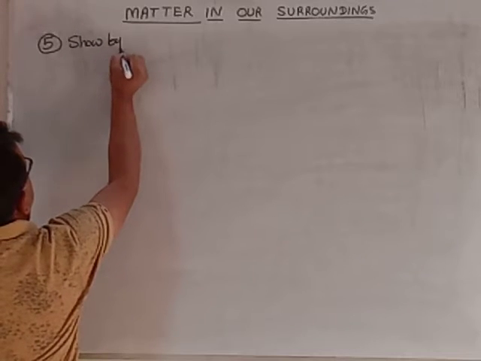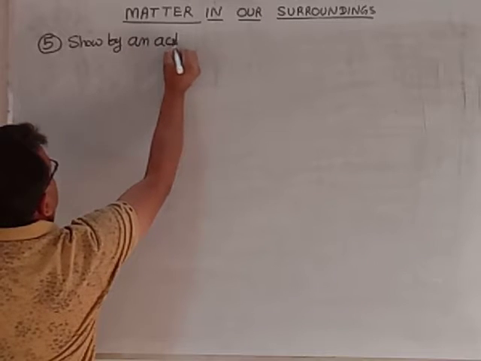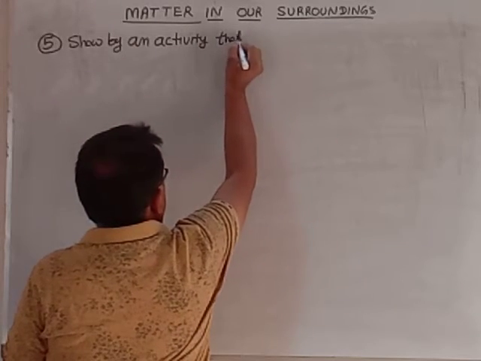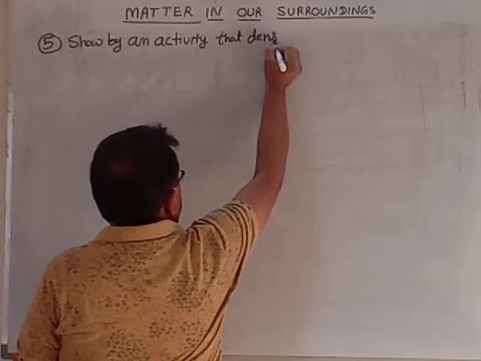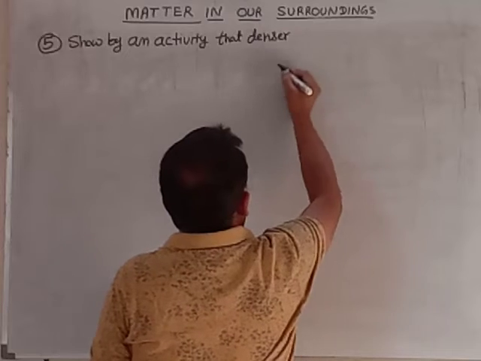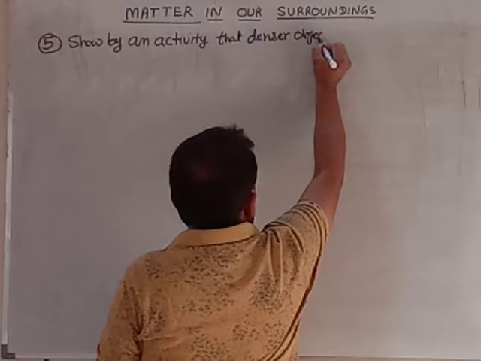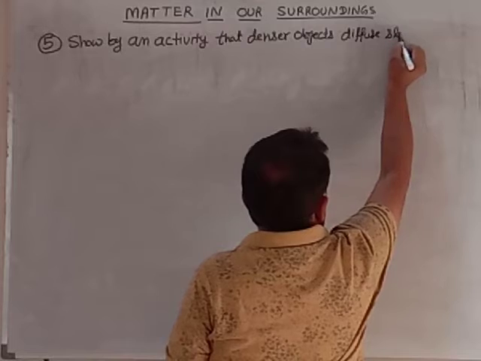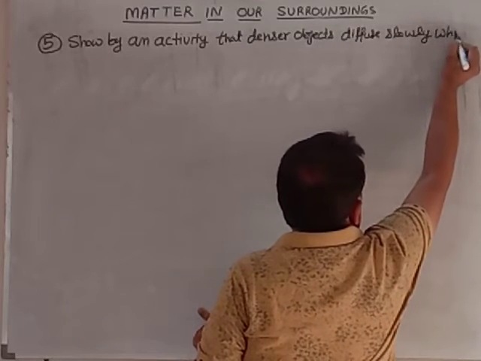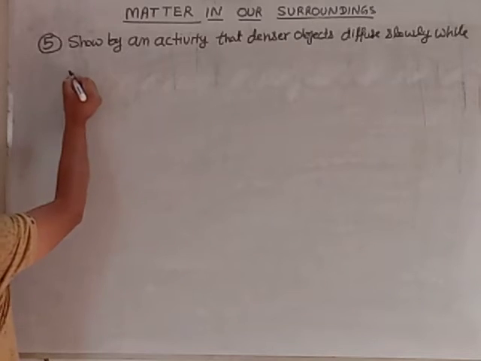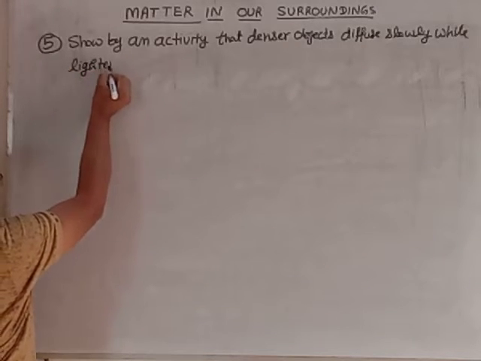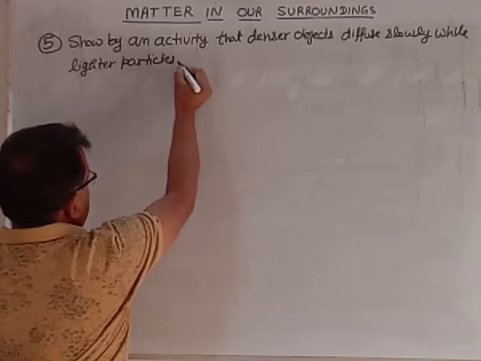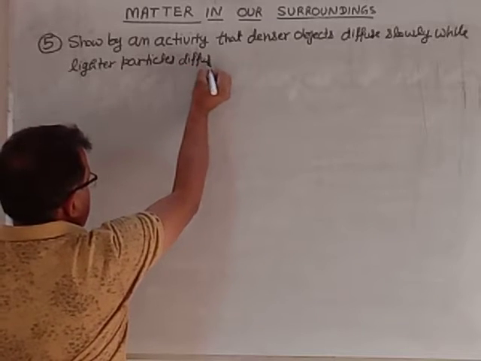Show by an activity that denser objects or particles diffuse slowly while lighter particles diffuse quickly.